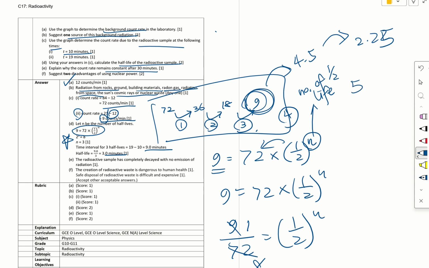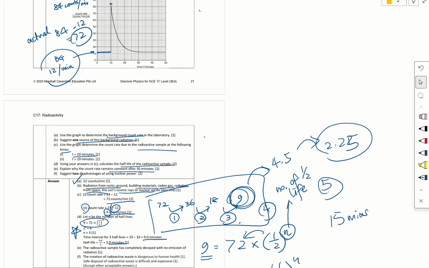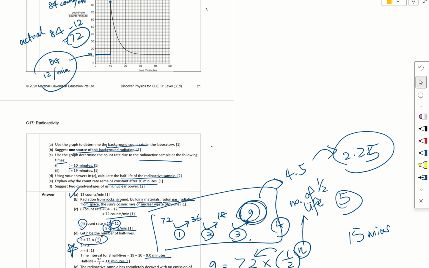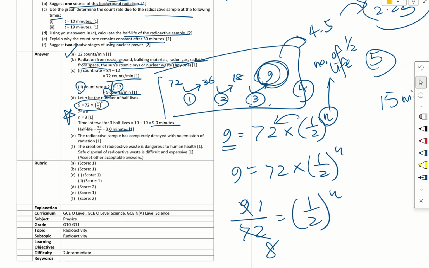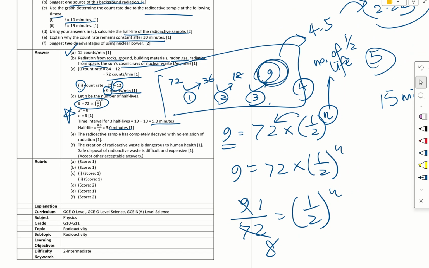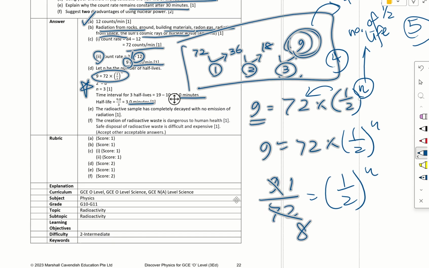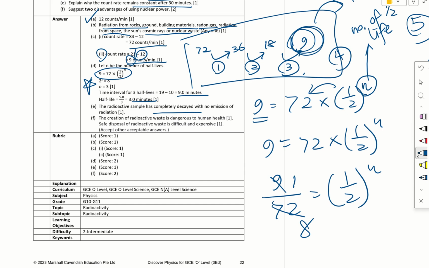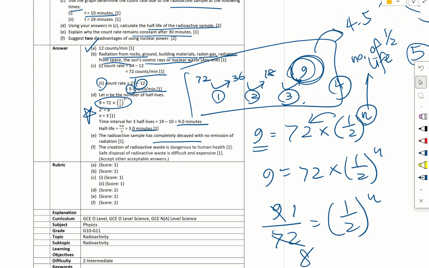So even after 5 half-life, the number already dropped to 2.25 counts from the sample, and this is very, very little compared to the background count of 12. So it becomes sort of negligible. So after 30 minutes, that is actually 10 half-life, the radioactive sample has already completely decayed. So that's why it dropped to the background count of 12.